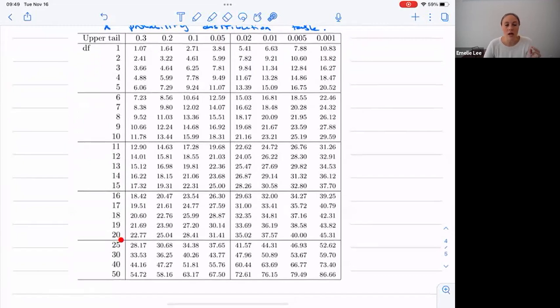Which means we know everything for up to 21 groups. It seems unnecessary to know more than that, right? But then it gives us 25, 30, 40, 50. If you had, for some reason, more than 50 groups, you would have to use 50, okay?